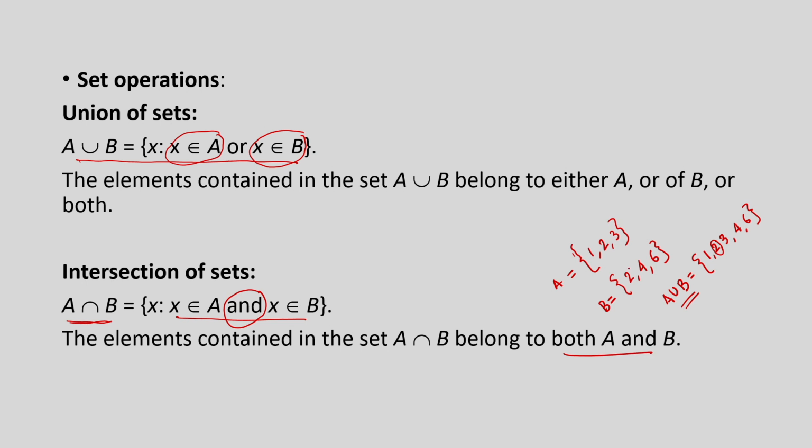So, here if I take the same example, then A intersection B will be what? That element which is there in A as well as in B, and there is a single element which satisfies this property, which is 2.